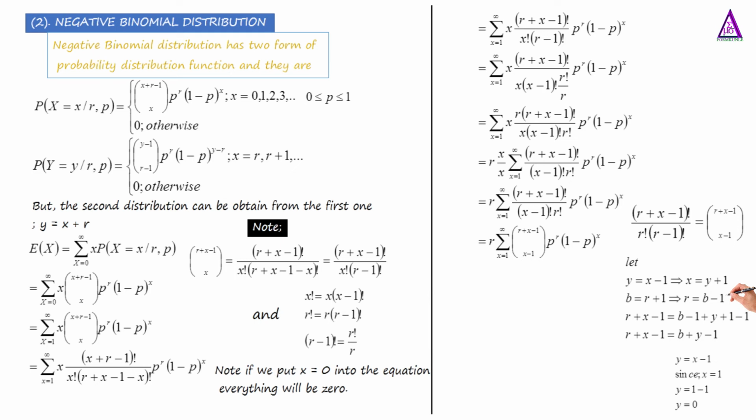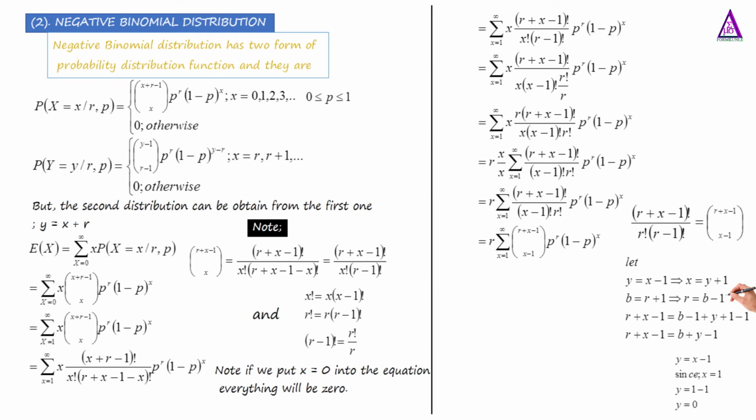Now r plus x minus 1 equals b minus 1 plus y plus 1 minus 1, so r plus x minus 1 now equals b plus y minus 1.